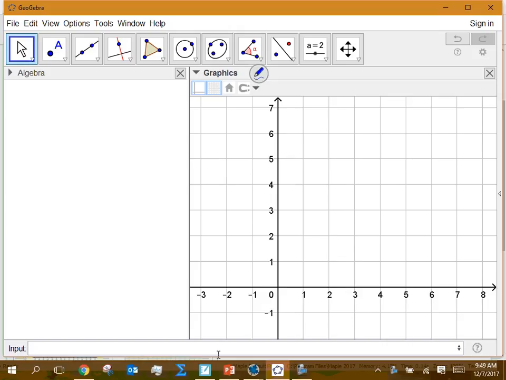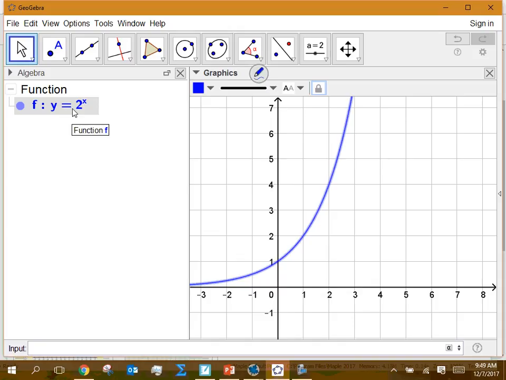But I just want to give you kind of a visual of what exponentials look like: y equals 2 to the x, okay? If I write it that way, this 2 here is referred to as your base. They're called exponential functions because that's where you find the variable. It shows up in the exponent, okay?